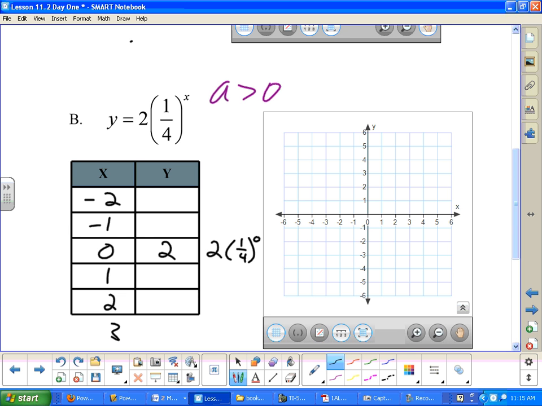Then to go down to 1, 2, 3, we need to multiply by 1/4, because that's our value of B. So this is going to be 2 times 1/4 to the first power. What's 1/4 of 2? 1/2, right? Okay, 1/4 of 2 is 1/2. So I have $2, 1/4 of that is 50 cents, isn't it?